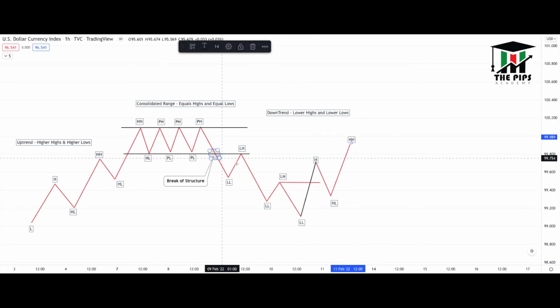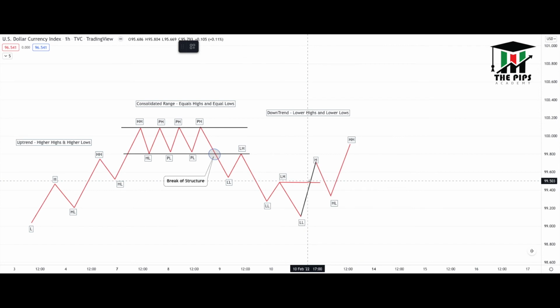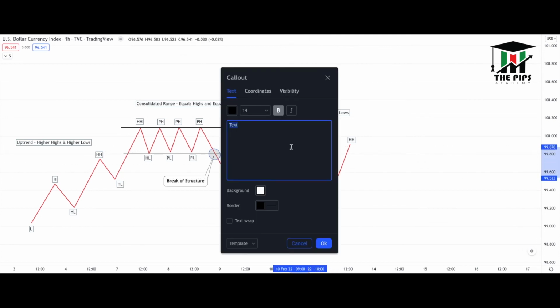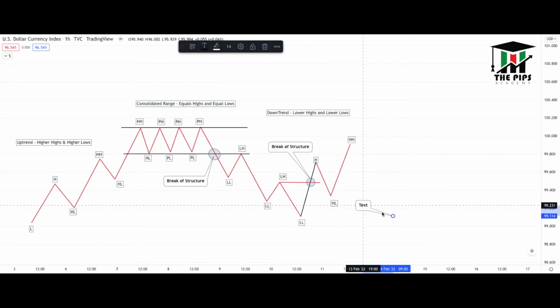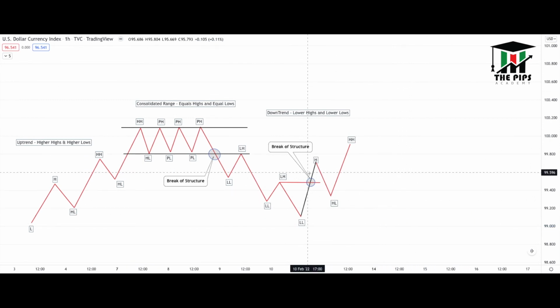This point here is considered a break of structure, because it's broken the downtrend structure, which was our last lower high, and we've got a pullback or retracement to a higher low, and then it broke out.